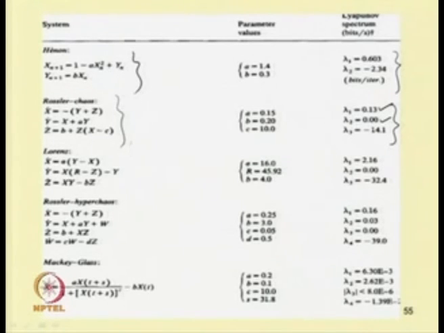So, as one positive Lyapunov exponent is present, the system is chaotic. Similarly, for the Lorenz attractor one can see one of the Lyapunov exponents is 0, the other is positive and the third one is negative. Due to the presence of this positive Lyapunov exponent, the system is chaotic.